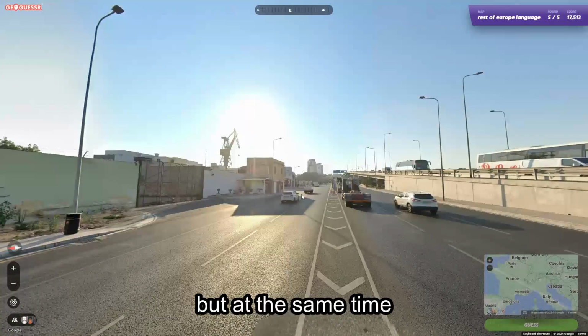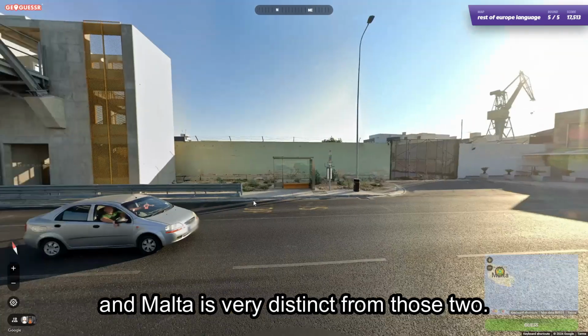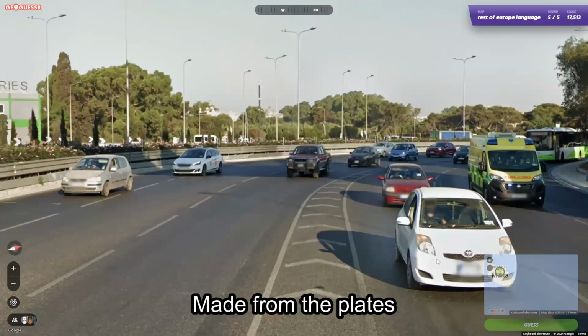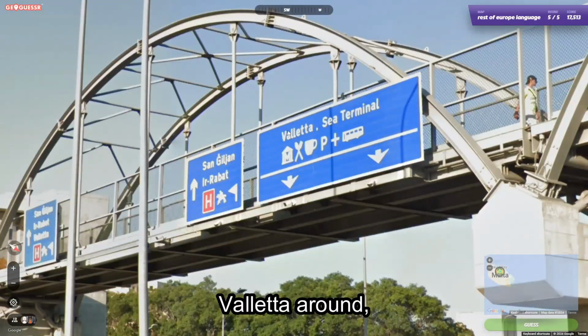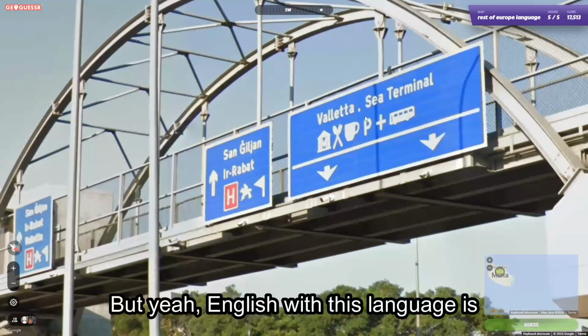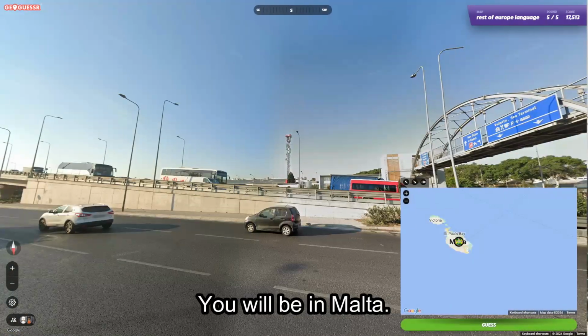But at the same time, there's also Malta, which is an option. And Malta is very distinct from those two, mainly from the plates, and of course you would see the name Valletta around, which is the capital of Malta. But yeah, English with this language that's more Romance-based, you will be in Malta.